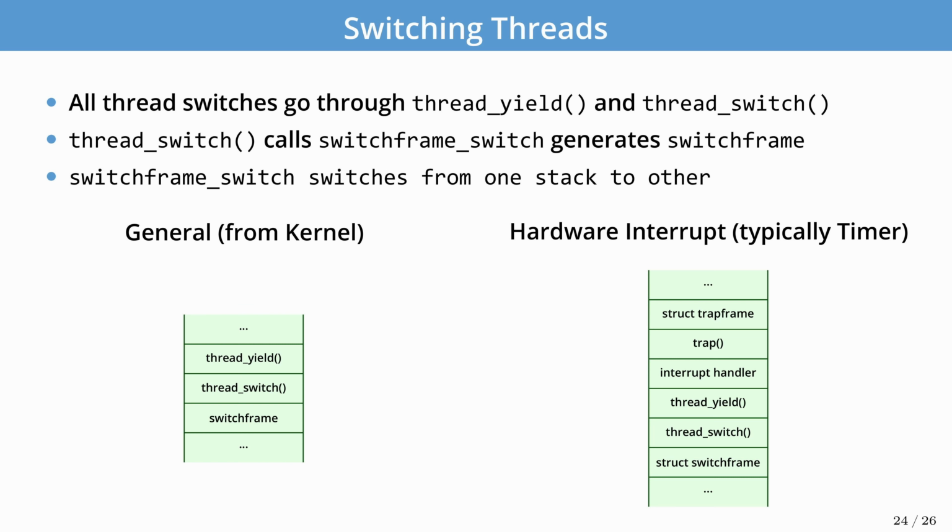It'll then call the function trap that'll actually decide what to do based on the type and cause of this trap, which typically will lead to an interrupt handler that processes the per device information, the scheduler, if it happens to be a timer interrupt, which then can call thread yield and thread switch into switchframe switch again.